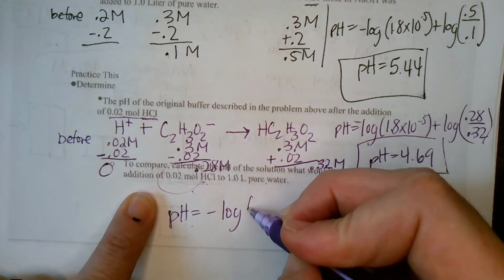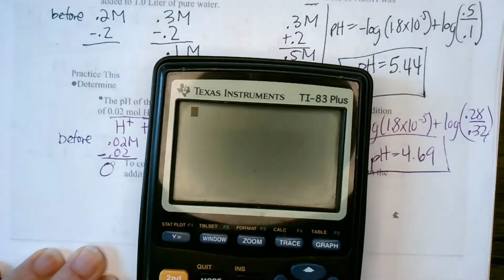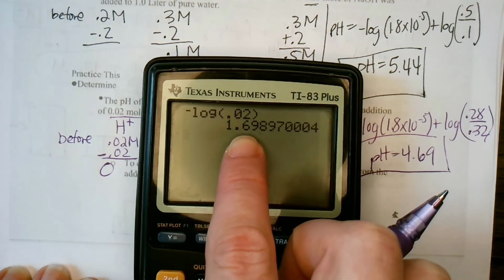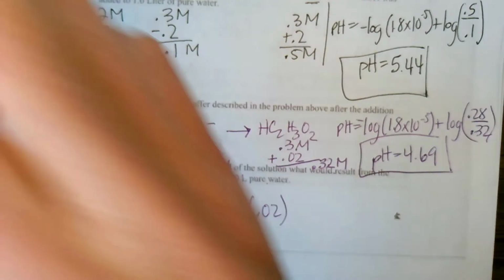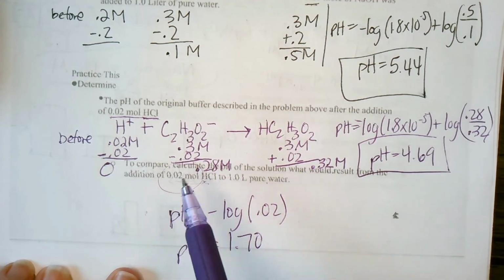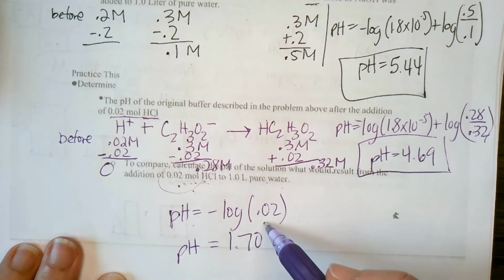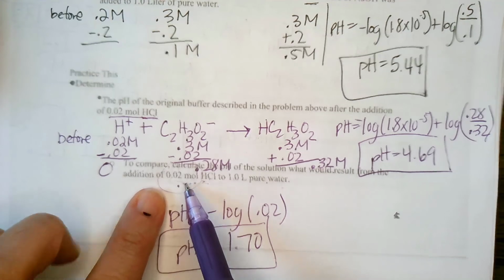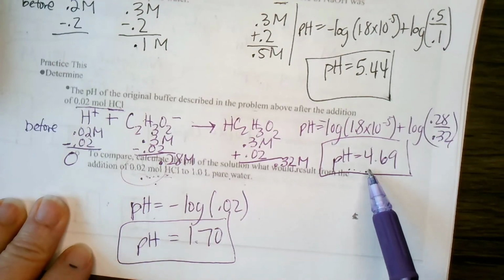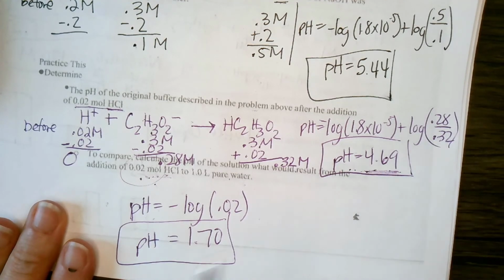So negative log of 0.02 would give us 1.70. So if we took that same amount of HCl and put it in pure water, it would have a pH of 1.70. Taking that same amount of HCl and putting it into a buffered solution only changes the pH a little bit, giving it a pH of 4.69.